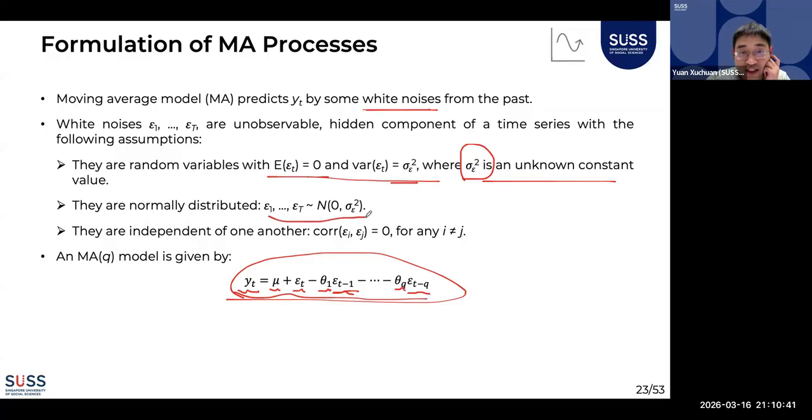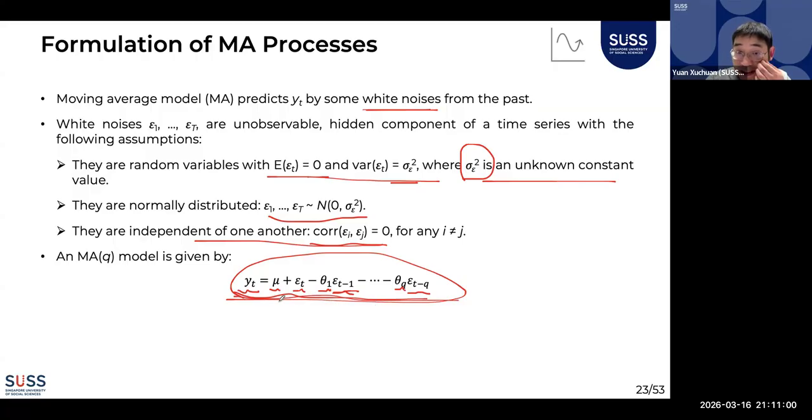They are normally distributed with a constant variance and mean zero, and there are no correlations among the residuals or random terms, so they are independent from each other. And so this is the MA(q) model.